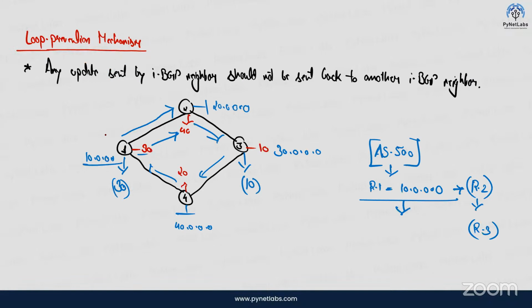The first method is full mesh neighborship. When we say full mesh neighborship, guys, it means in case you are having 4 routers inside the AS, like the way we have discussed in the lab.